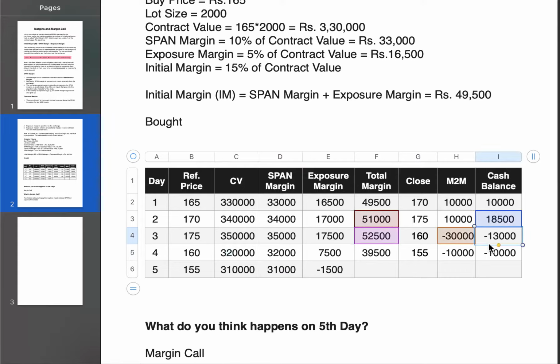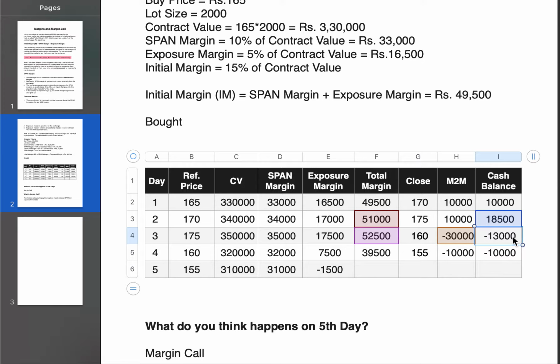So technically, I have a loss of only 10,000 rupees because my SPAN margin has been adjusted by 3,000 rupees because the price of the future has fallen. As a result, my cash balance is only 10,000.